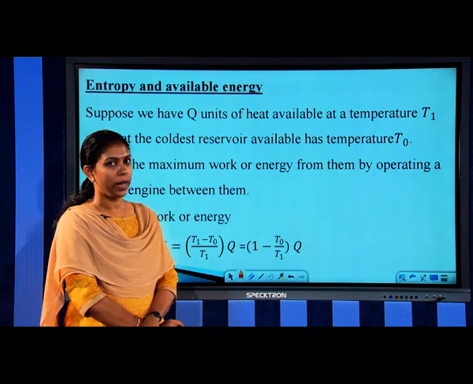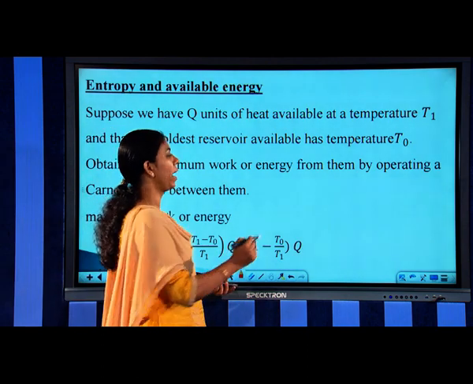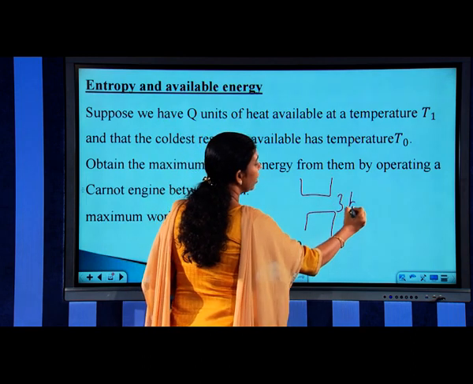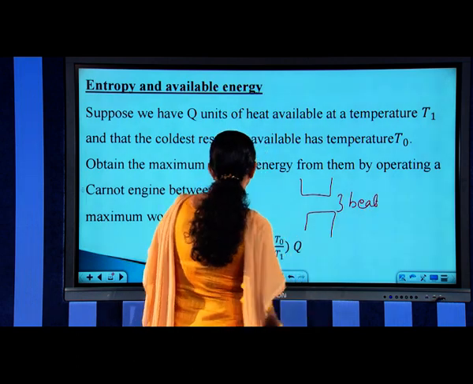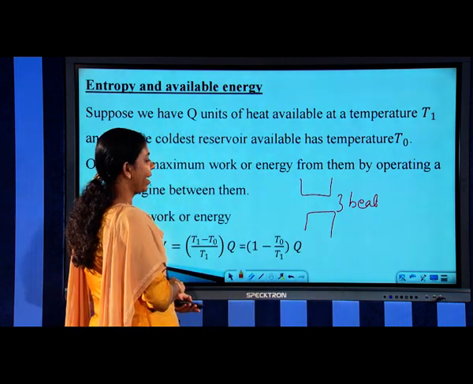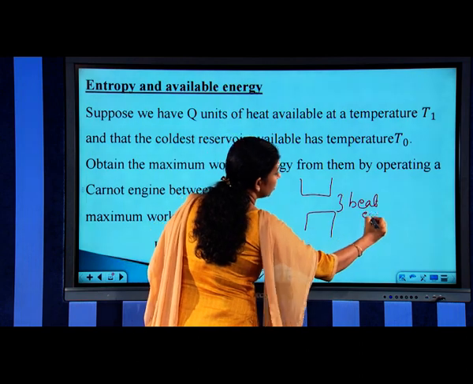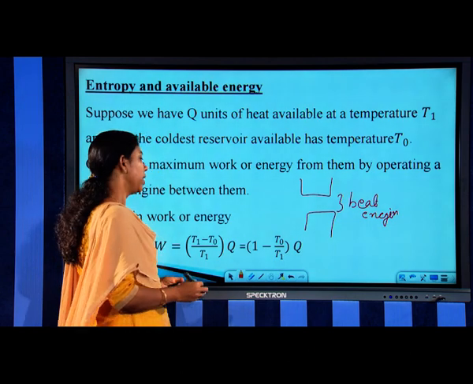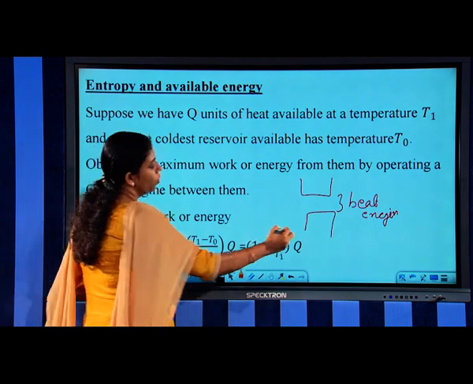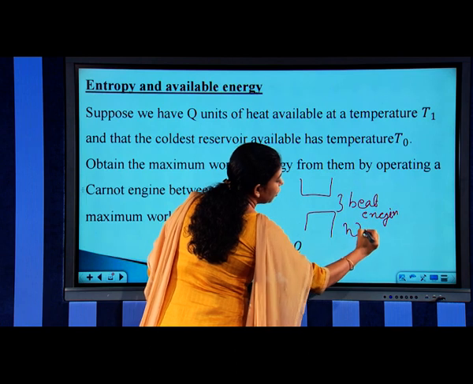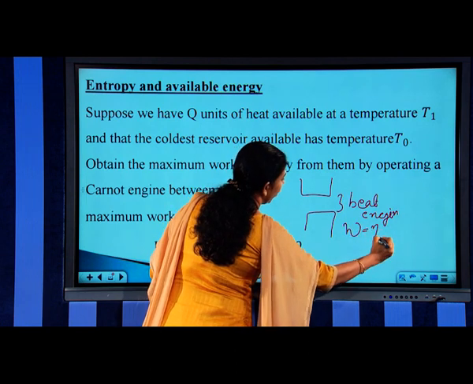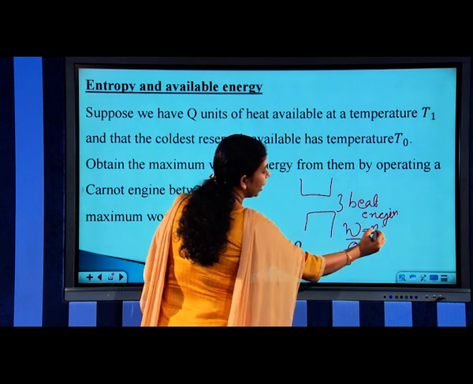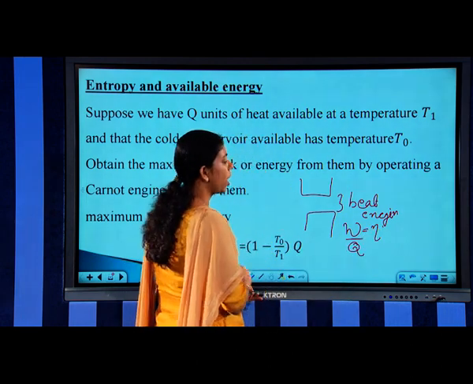In order to obtain the maximum work or energy from these two, we have to operate a heat engine between them. This heat engine should be a Carnot engine, so that we get maximum efficiency. Then the maximum work is related to the efficiency of the engine by the equation W by Q is equal to eta, where eta represents the efficiency of the Carnot engine.